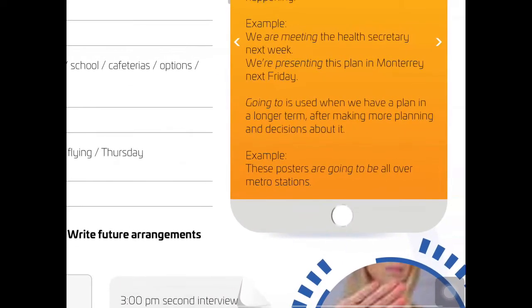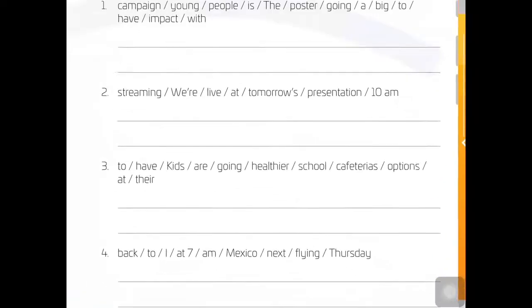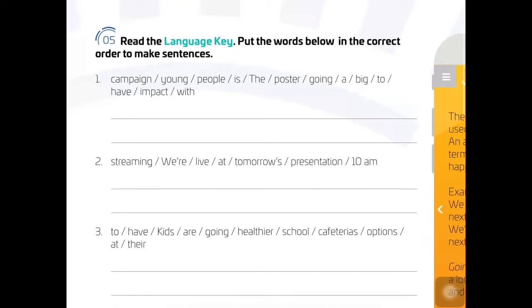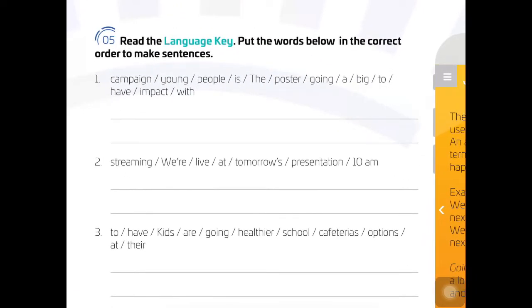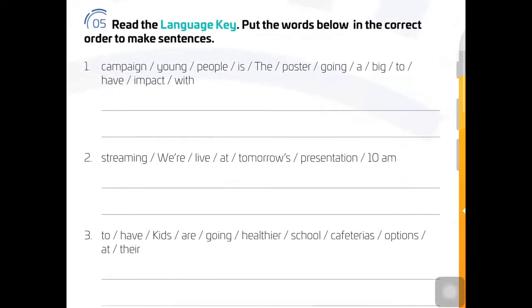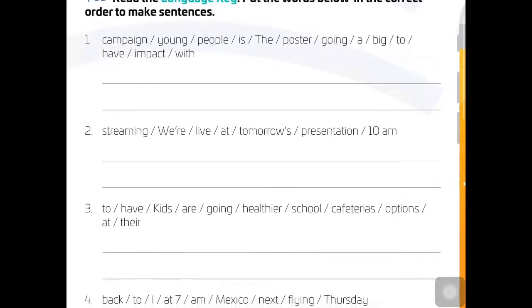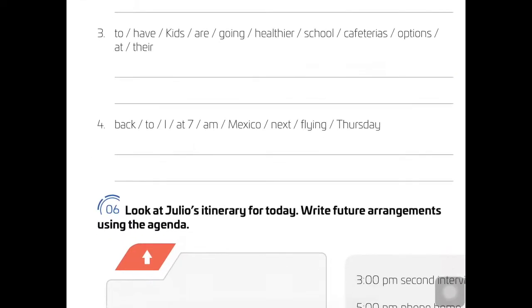Okay, this is like at a longer term. According to that, you just have to put these words in the correct order. Okay, all these words are scrambled, so you have to unscramble them. 1, 2, 3, and 4.